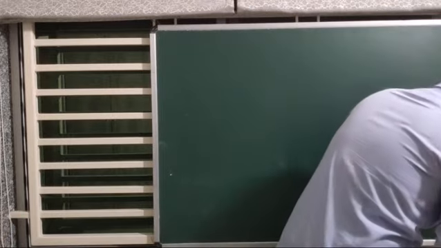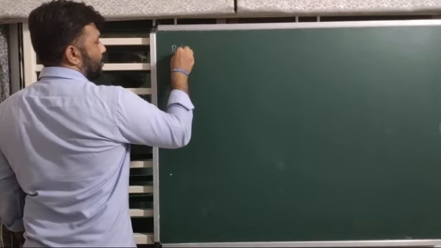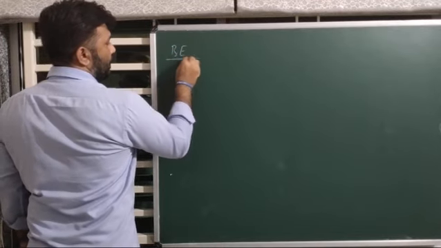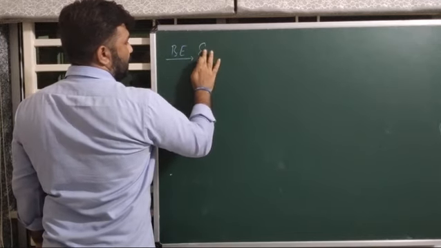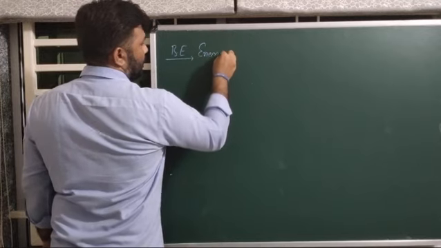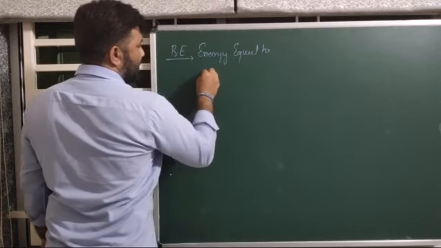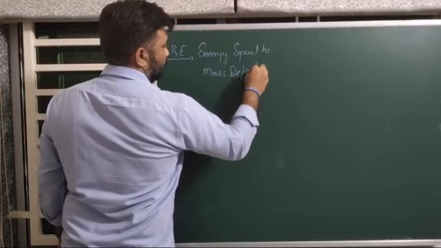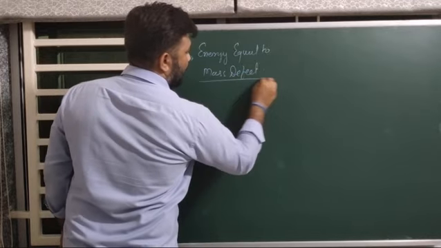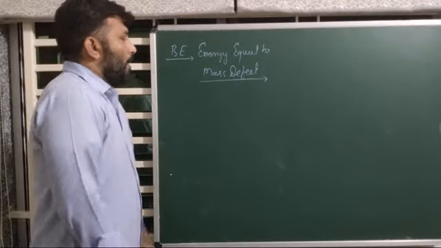Let us see about BE. What is BE? That is binding energy. Binding energy is nothing but the energy equal to the mass defect. The energy equivalent to that mass defect is known as binding energy.